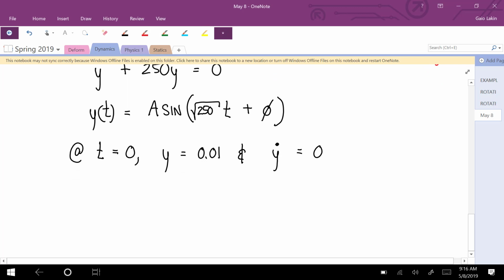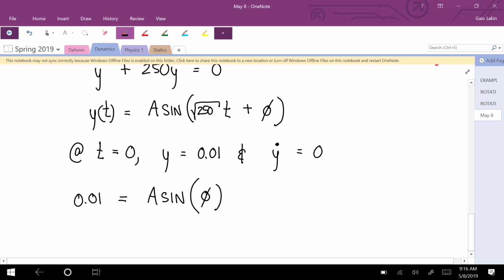And so now you can use those as boundary conditions. Let's see. So you know that when time is equal to 0, y is equal to 0.01. So 0.01 is equal to A times the sine of phi.